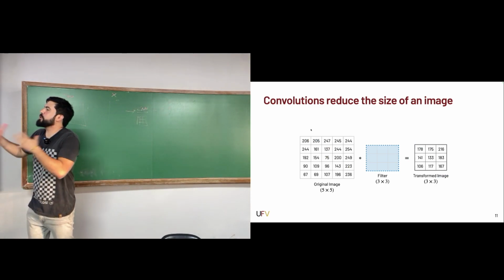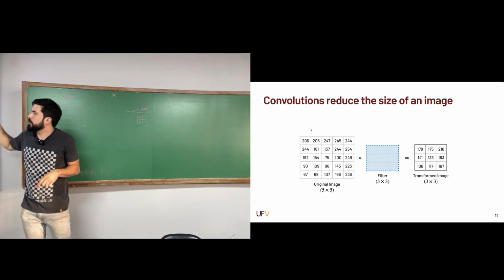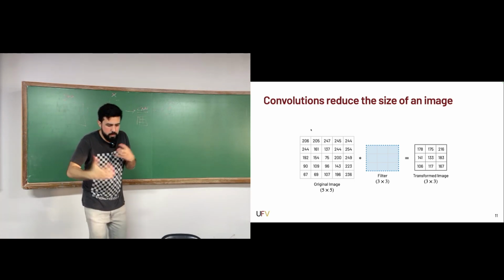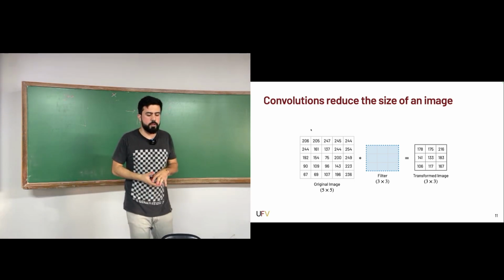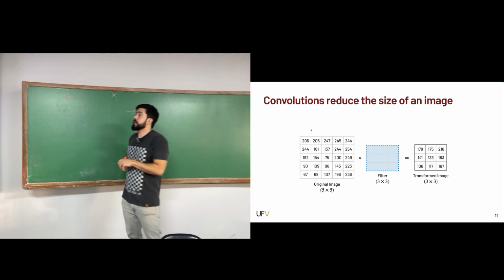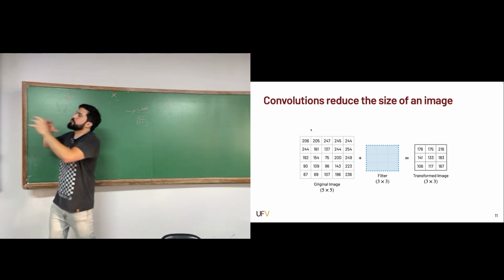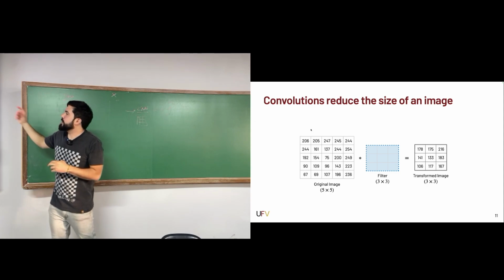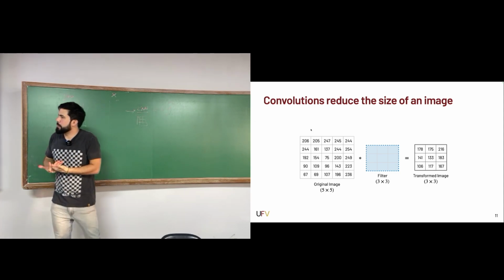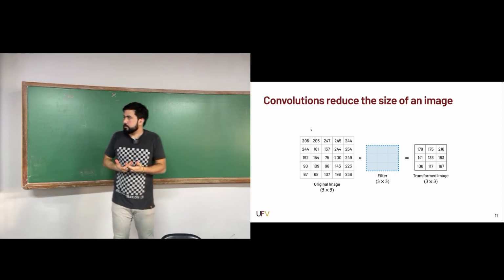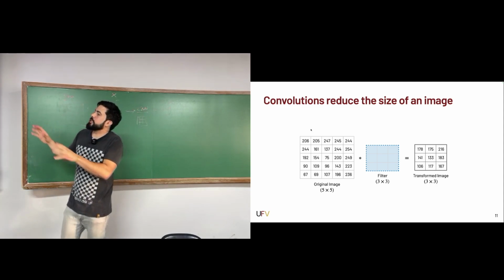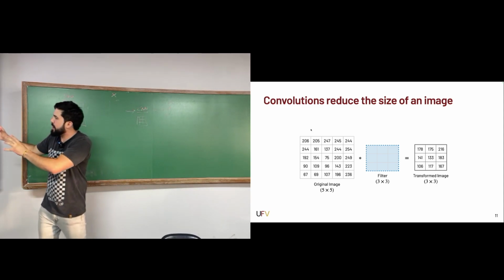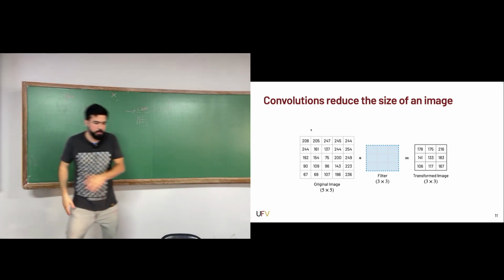Before we see the dynamics of a convolutional neural network and how they work, we need to understand some ideas about convolutions a little bit more deeply. I already mentioned that when you apply convolution to an image, you get a smaller image. Here's the same example: we have a 5x5 image, we apply a 3x3 filter, and we get a 3x3 image.